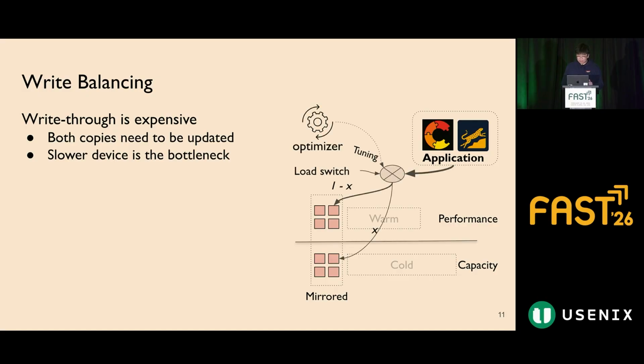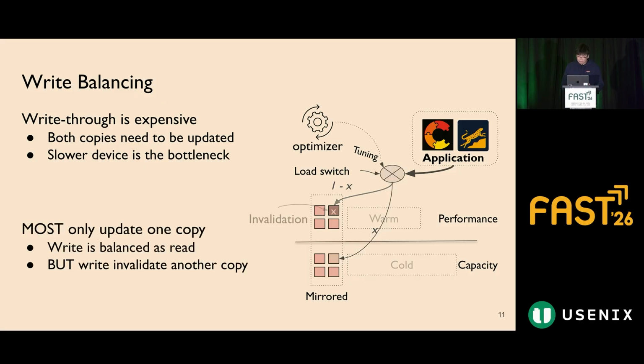Each incoming write will go through the same load switch as reads and be controlled by the same load offload variable X. But unlike reads, a write to one copy will invalidate the other copy.